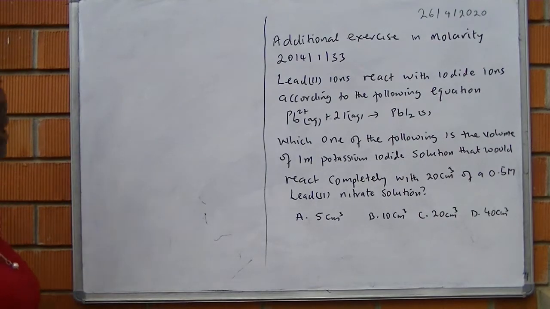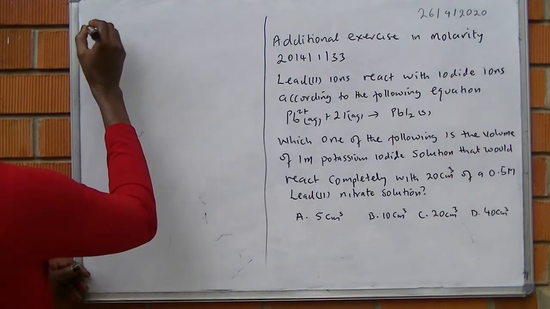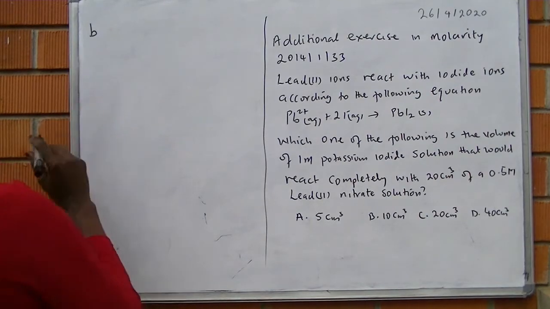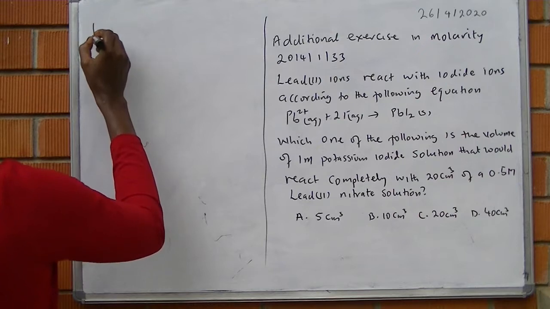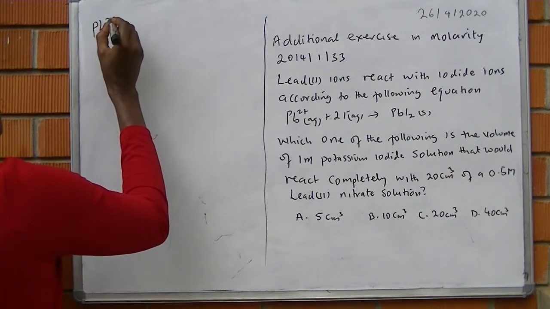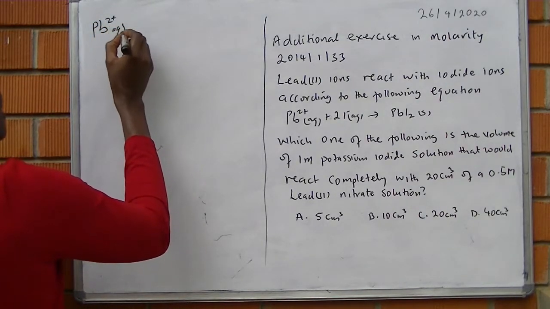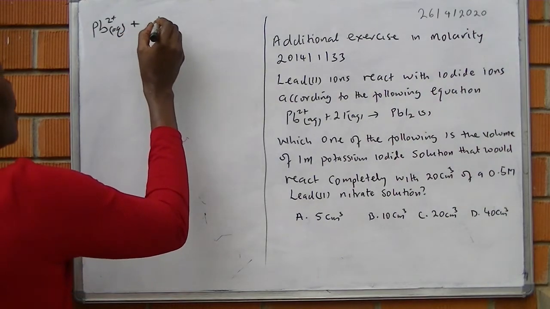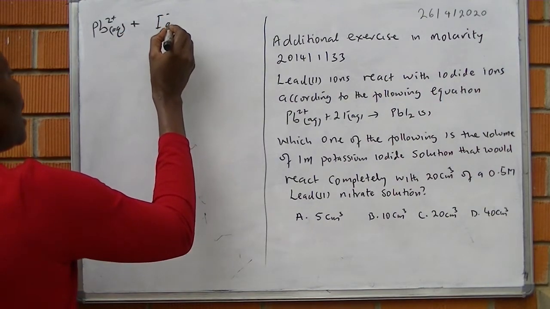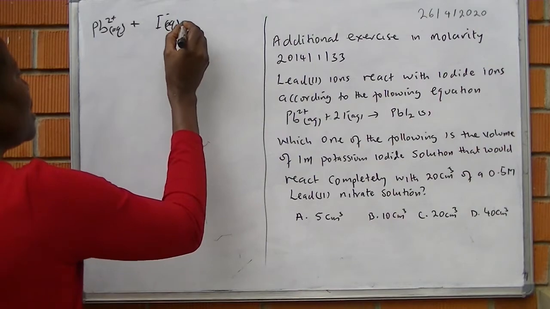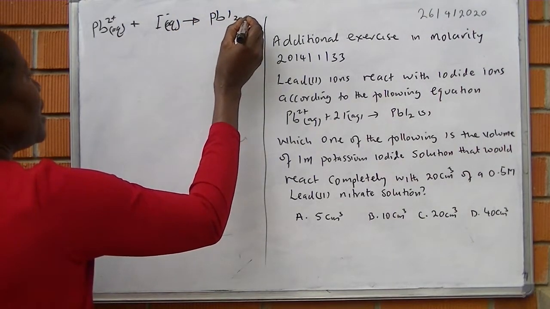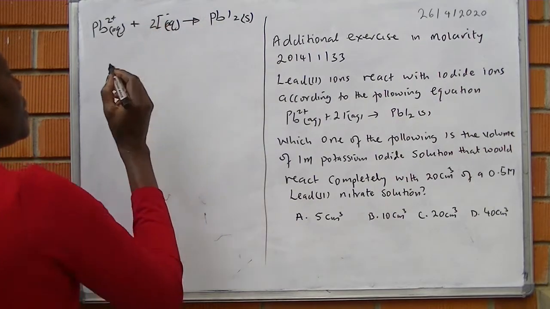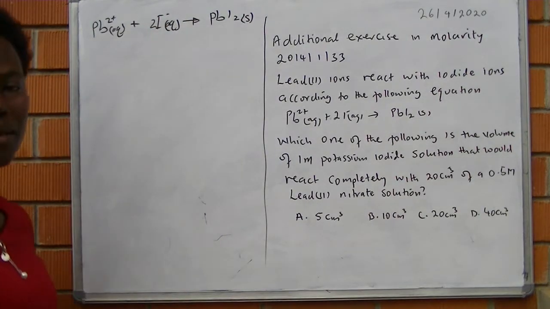I told you to rewrite the reacting equation. Lead ions plus iodide ions to give us lead 2 iodide. Now go back to the question.